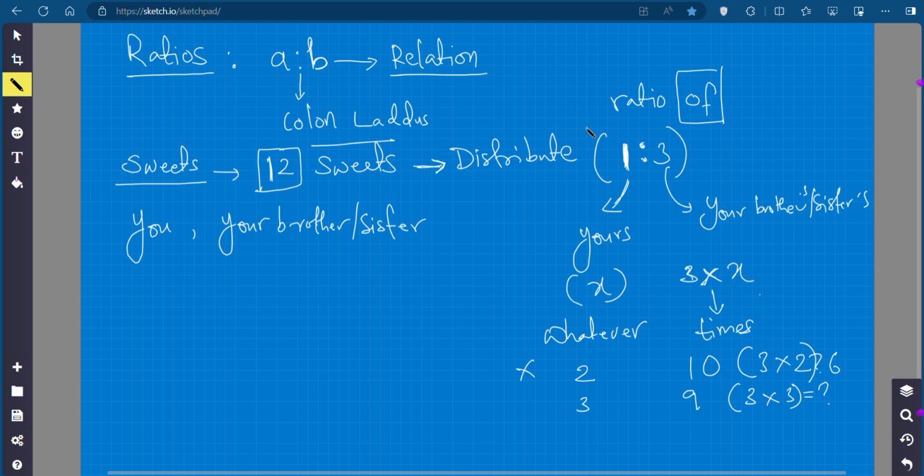But I hope this understanding is clear, right? From 1 ratio 3. Now let's distribute these 12 laddus or sweets among you and your sibling. First, I'll write 1 colon 3 like this.